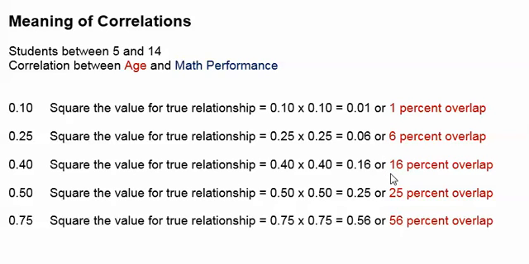And so it only explains about 6% of the variance, okay? That's what we say. If the correlation is 0.75, then age explains only about 56%. Even with that high correlation, there's still 44% that is not explained by age, okay? Or the direction. You could also say, well, you wouldn't explain age by math performance. So that's a summary of the meaning of correlations.